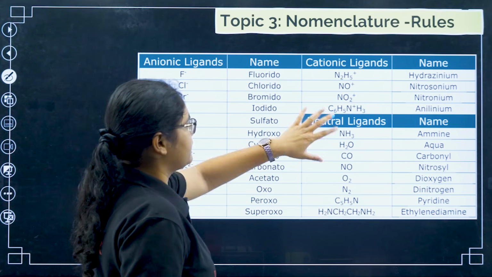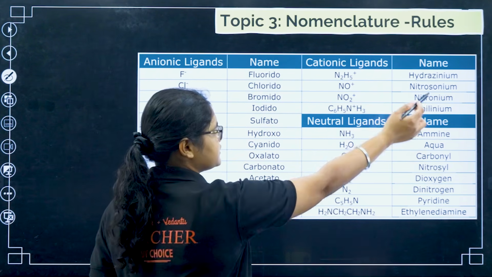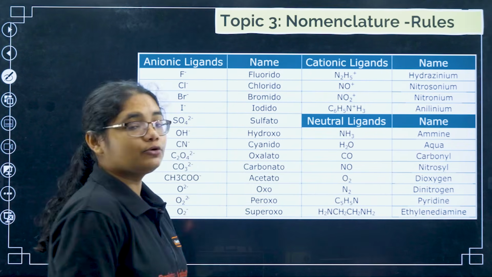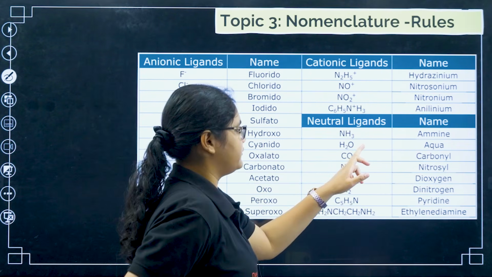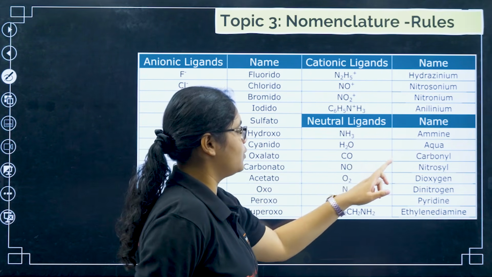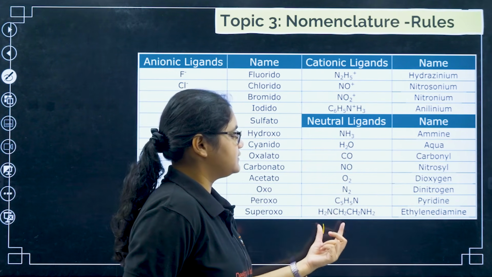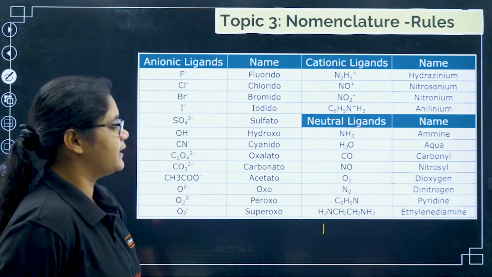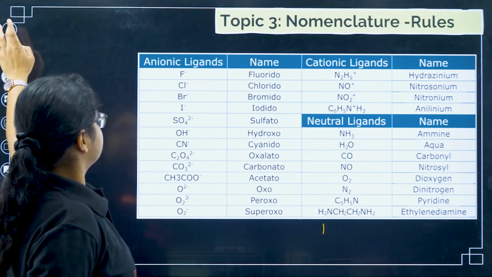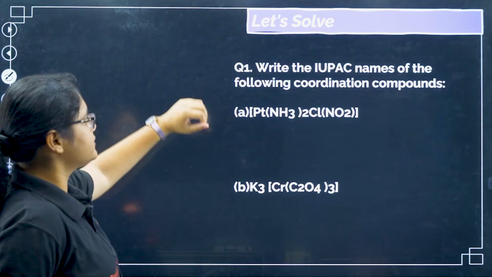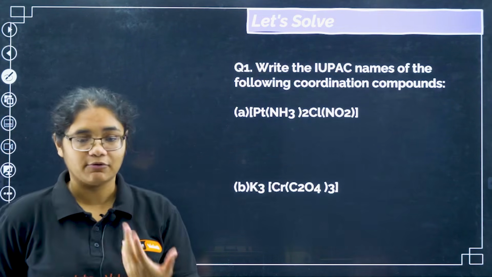These are not that much in use. NO+ you should just remember as nitrosonium. And neutral ligands: NH3 is amine, H2O is aqua, CO is carbonyl, NO is nitrosyl, O2 is dioxygen, N2 is dinitrogen, and this is ethylene, 1,2-ethylenediamine. Next we'll solve some questions on how to write the names of compounds.